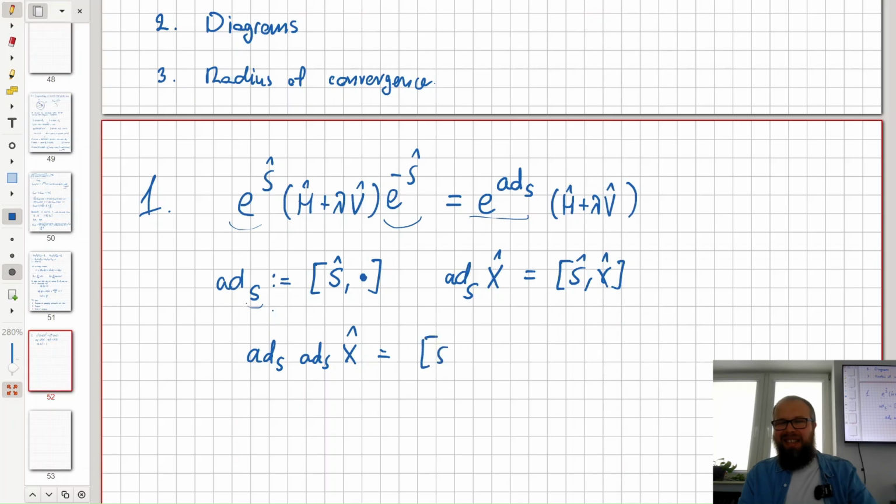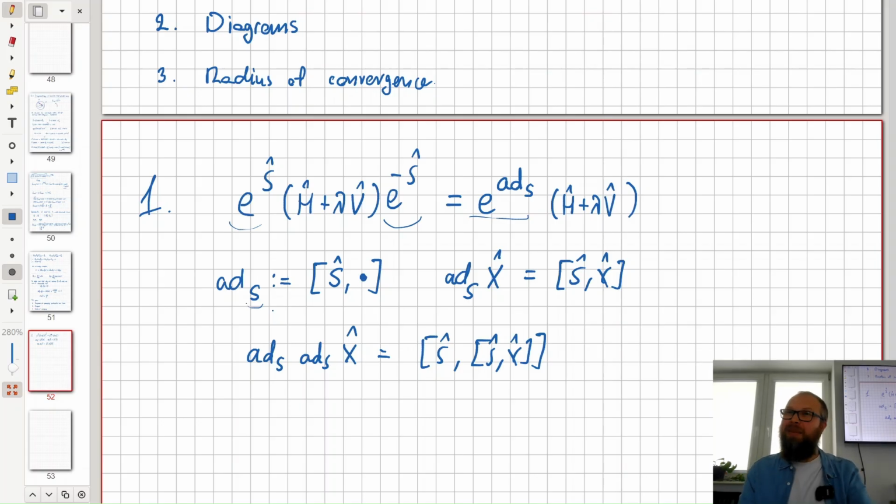You will get a nested commutator of S on X. I think this is Lie algebra stuff. It happens all the time. Here it happens all the time. And when we get to Magnus expansion, it will happen all the time. So get used to it.